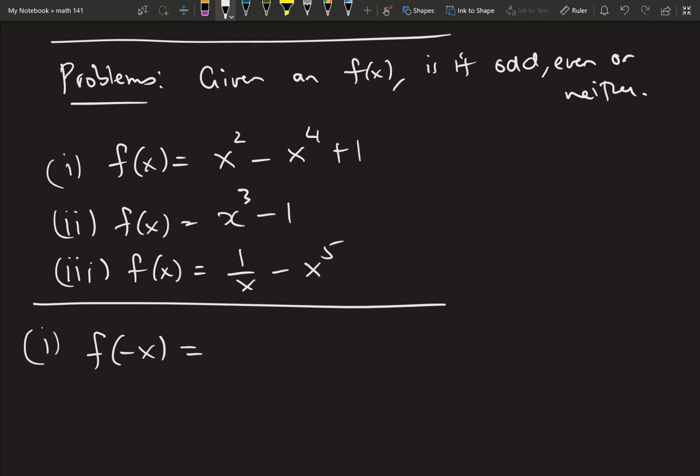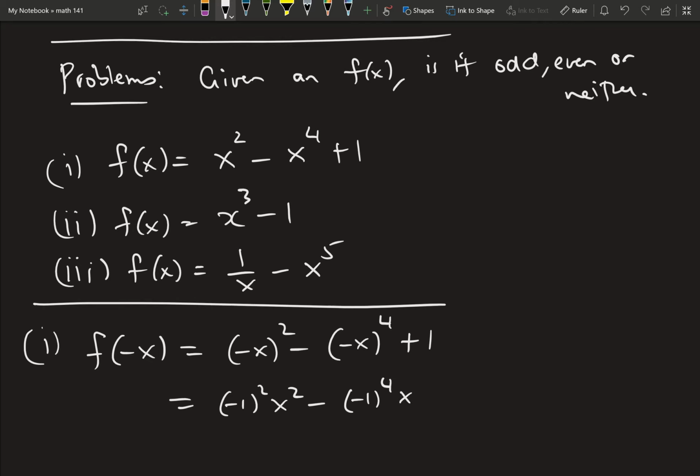Well, in number 1, we get negative x quantity squared minus negative x to the 4th plus 1. This is negative 1 squared x squared minus negative 1 to the 4th x to the 4th plus 1. And that's exactly x squared minus x to the fourth plus 1, because the negative 1s here are all to even powers.